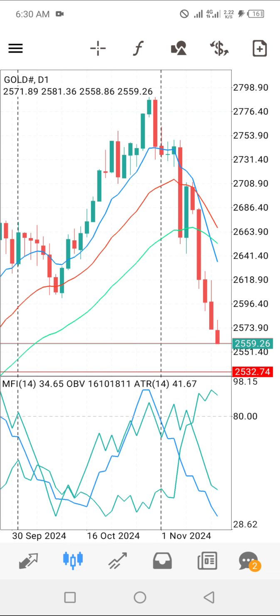It has to finish that retracement, retrace to wherever it wants to retrace to, which could be up to the 78.6 Fibonacci level or the 61.8 Fibonacci level.